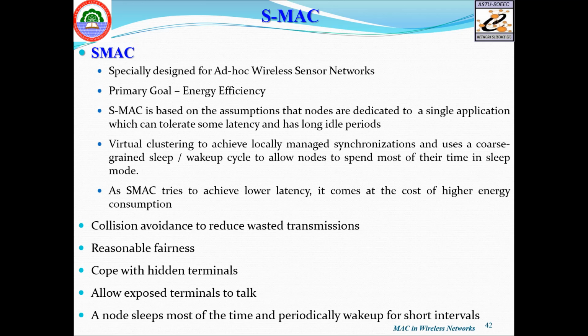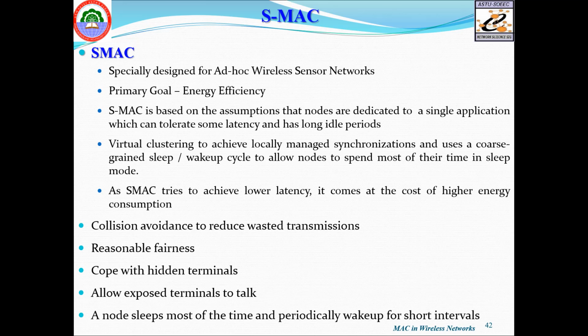In SMAC, the primary goal of the protocol is energy efficiency. There is a possibility of avoiding collisions, which reduces unwanted wasted transmissions, and it has the capability to manage hidden terminals as well as exposed terminals.